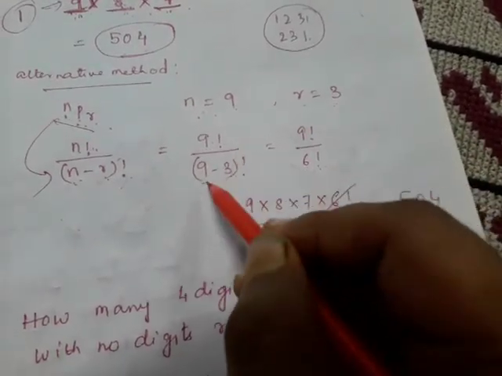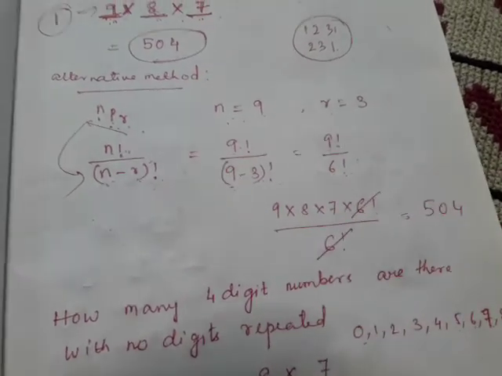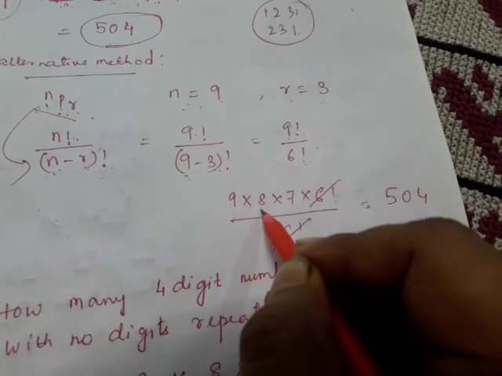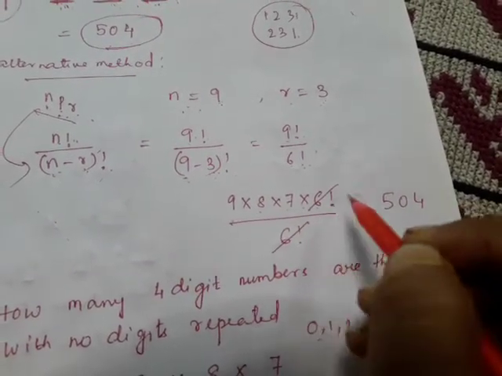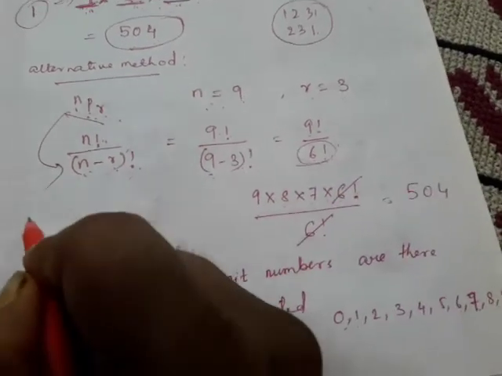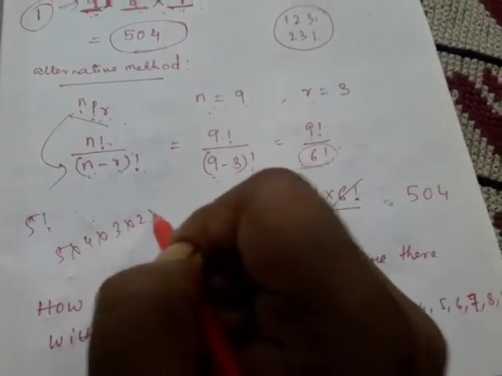So 9 factorial by 9 minus 3 factorial. Now 9 factorial means 9 into 8 into 7 into 6 factorial. We are keeping it as 6 factorial because in the denominator we have 6 factorial. Any factorial means, suppose 5 factorial means 5 into 4 into 3 into 2 into 1.